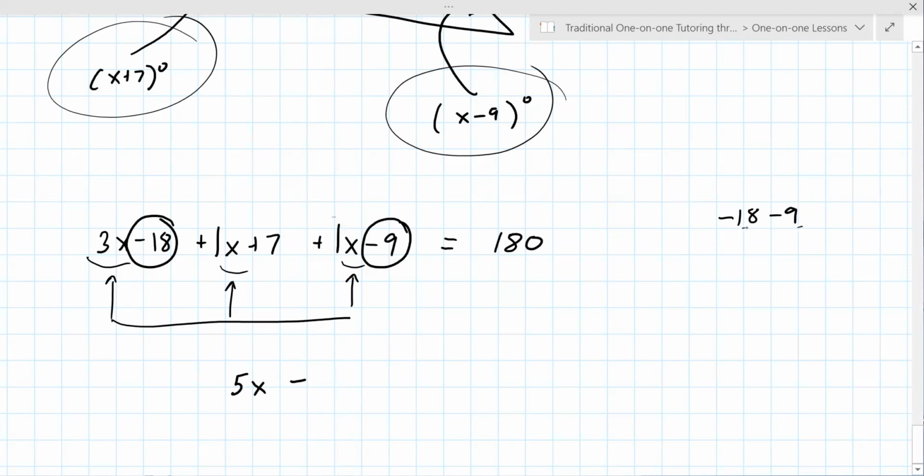When they're both the same sign, you add the numbers and keep the negative. It's really the same as asking what is 18 plus 9 and then putting a negative.